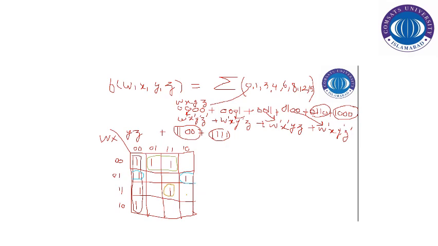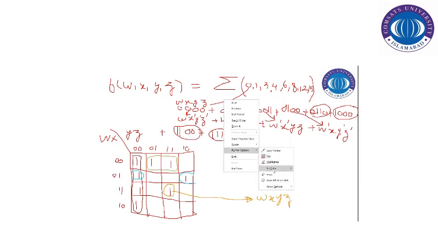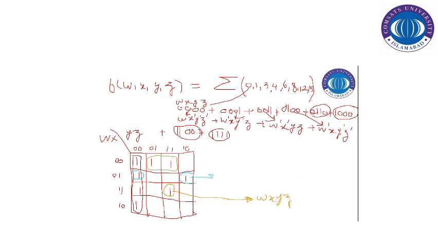So let us extract the terms right now. This cell will produce the same term because we don't get any simplification here. So it's W, X, Y and Z. Now coming to the next group, this one.